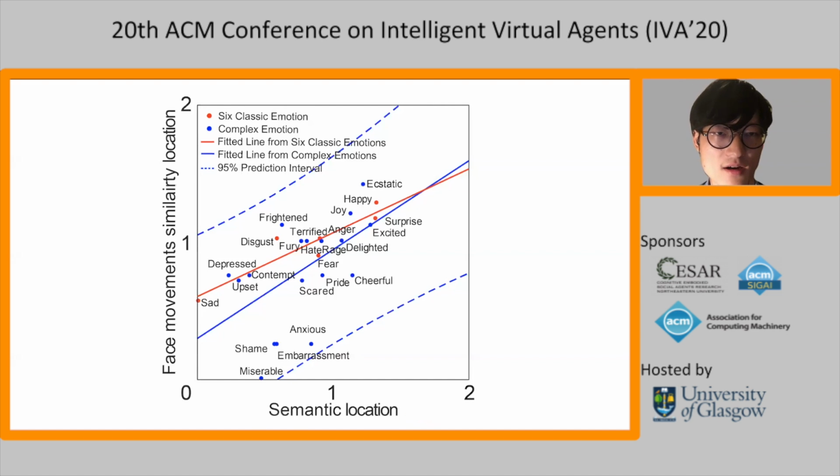In this figure, red represents the basic 6 emotions and blue represents complex emotions. Furthermore, we also regress the scatter points of these emotions, which show quite a high correlation. This means that the similarity of the facial expression of each emotion category and the valence arousal space share the same region as the semantic meaning of these emotion words.